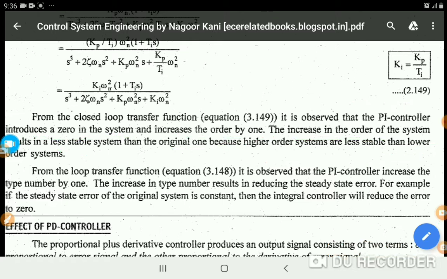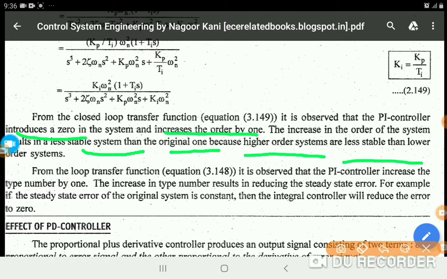Students, could you understand what we can infer? The PI controller introduces a zero in the system, so it increases the order by 1. If the order is increased by 1, it results in a less stable system than the original system. So higher order systems are less stable than lower order systems. This is one observation we have made.